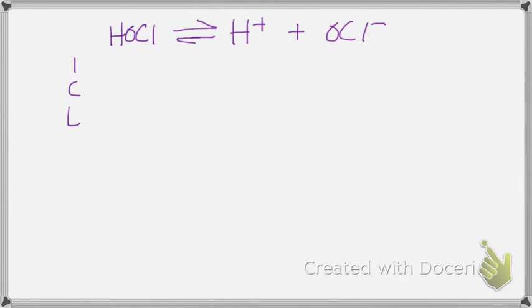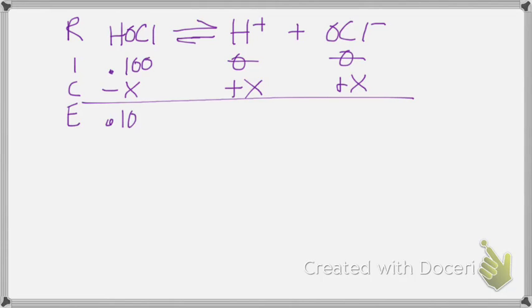So we're going to start with our ICE table. We start out with 0.1, and then 0 and 0, and then minus x, plus x, plus x. So at equilibrium, we have 0.1 minus x, x, and x.